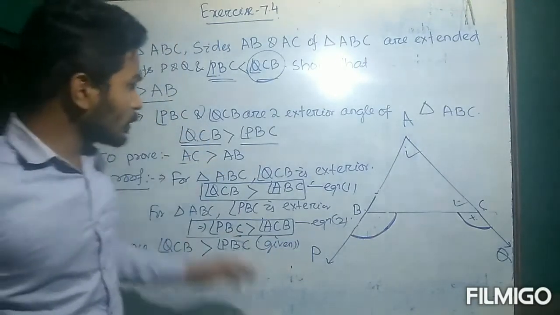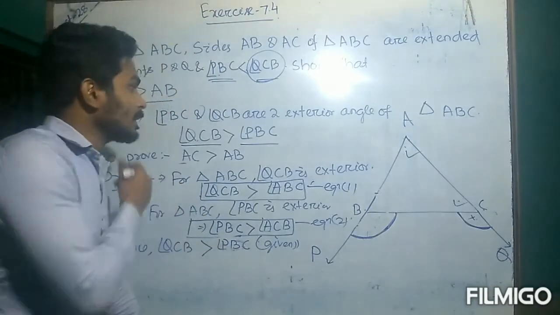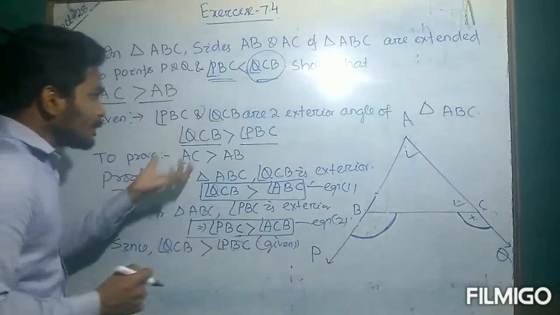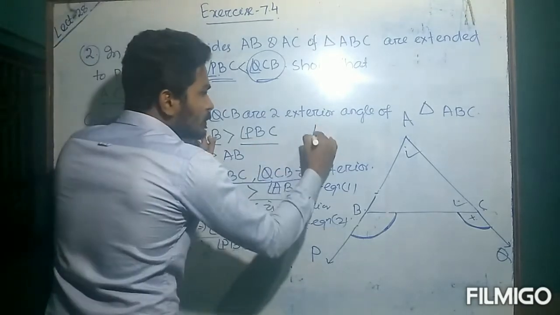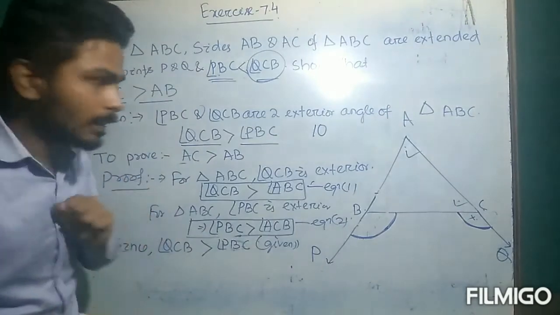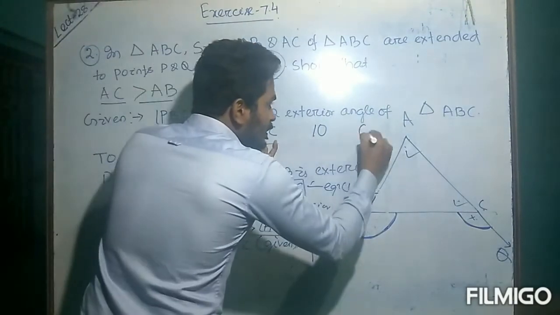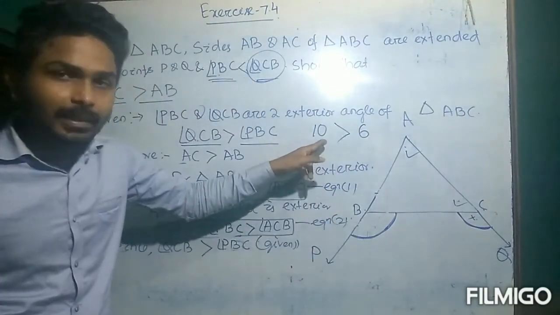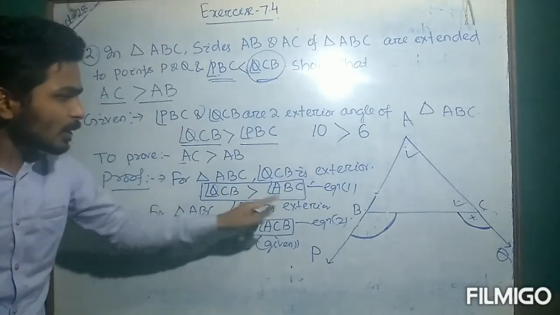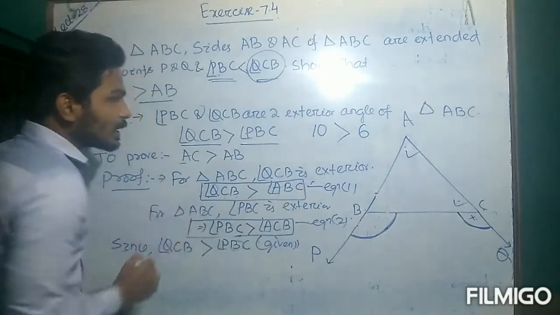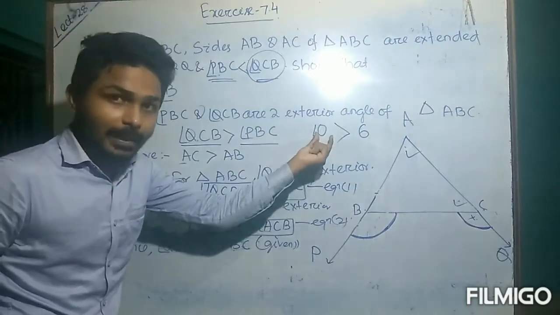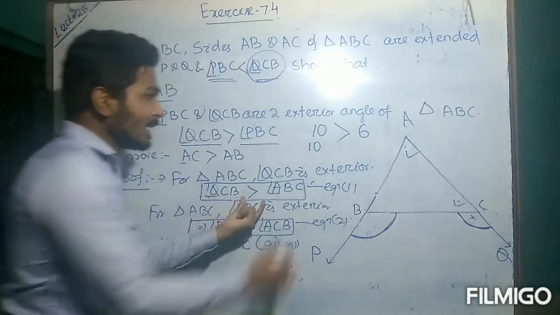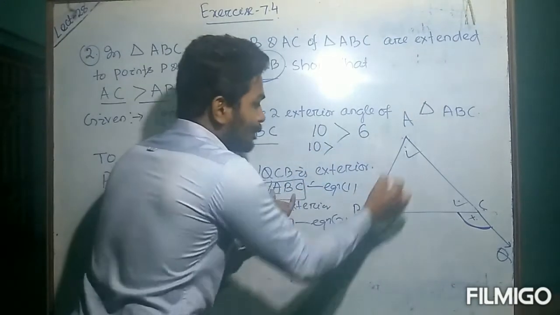For this I have to give you an example. Let's understand it clearly. Since it is given QCB angle is greater than PBC angle, let's say for our understanding QCB is 10 and PBC is 6. So 10 is definitely greater than 6. You understand it? Next, from equation 1 we know that QCB, which we have taken as 10, is greater than ABC.